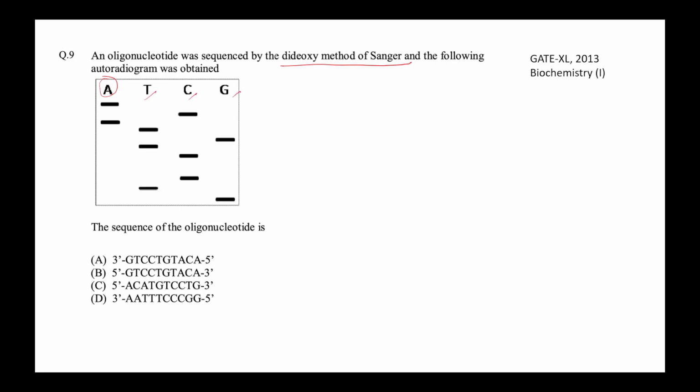So seeing this, if we have to deduce the sequence, let's write this sequence: G, T, C, C, T, G, T, A, C, A. Okay, so in which direction is this? This is 5 prime to 3 prime direction. Yeah, so this is the sequence of the oligonucleotide.